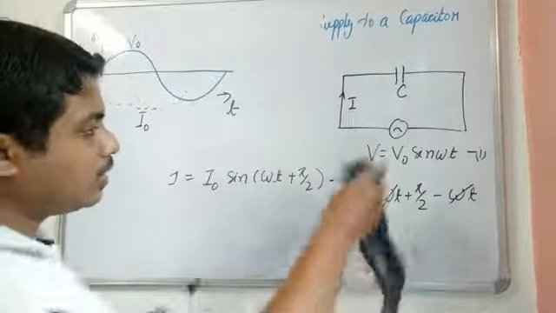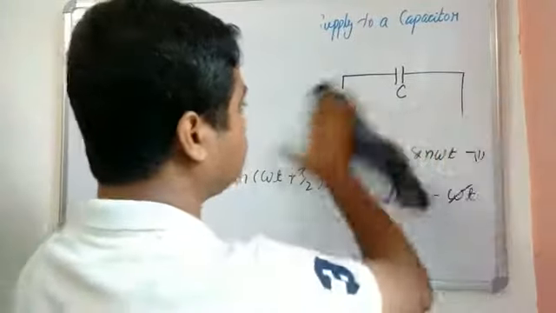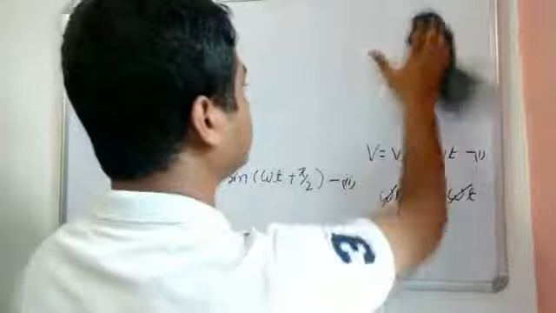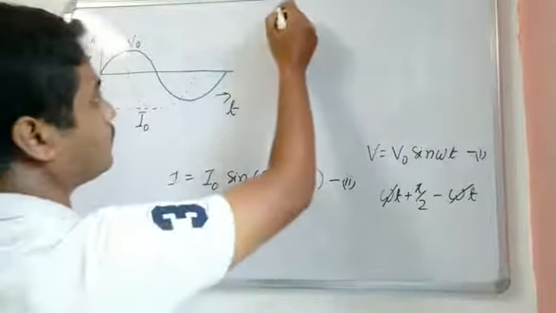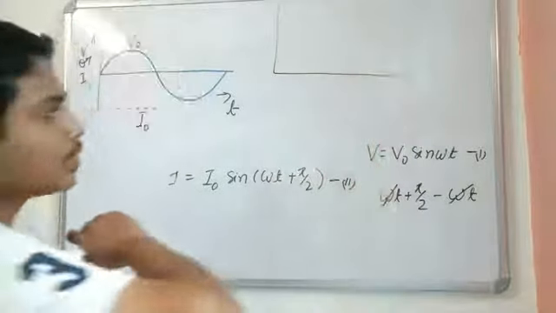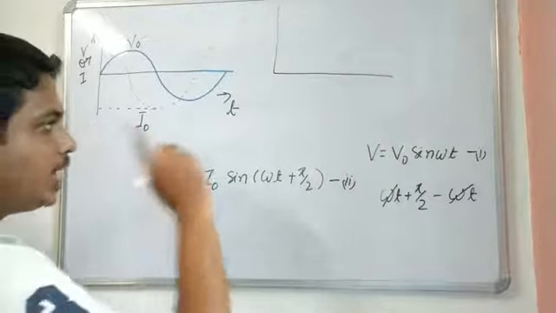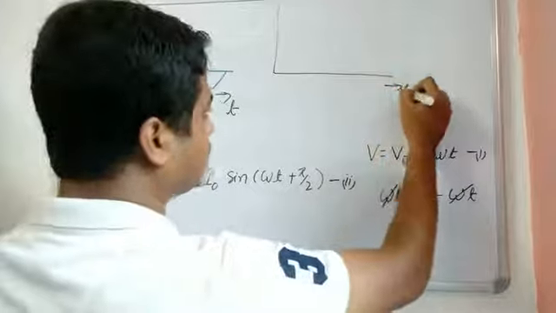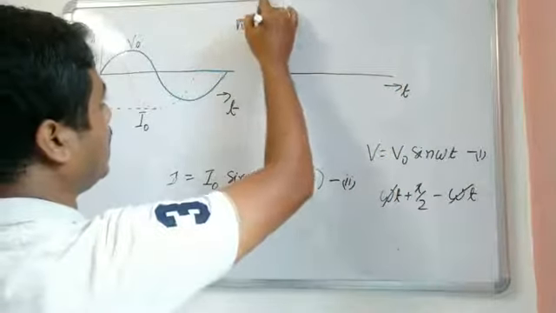If I draw the phasor diagram now, clear? Phasor diagram, this will be your time axis, this will be your voltage or current axis.